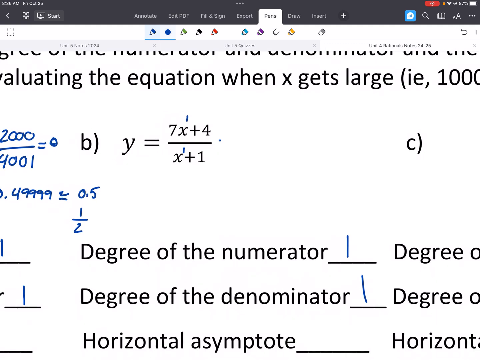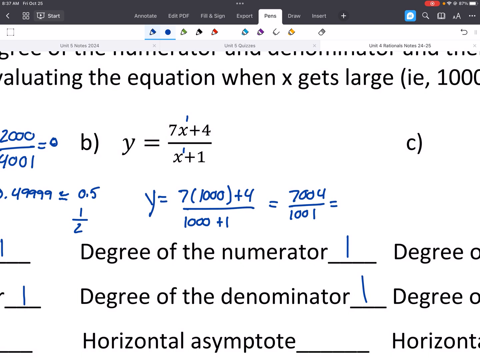Here, if we put in 1,000, y equals 7 times 1,000, so 7,000 plus 4, over 1,000 plus 1. That gives us 7,004 over 1,001. Putting that into your calculator, you'd get something like 6.997, which is approximately equal to 7.